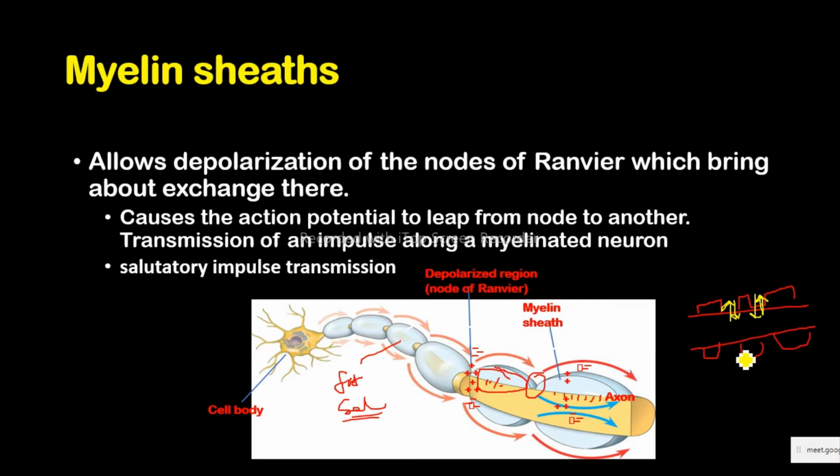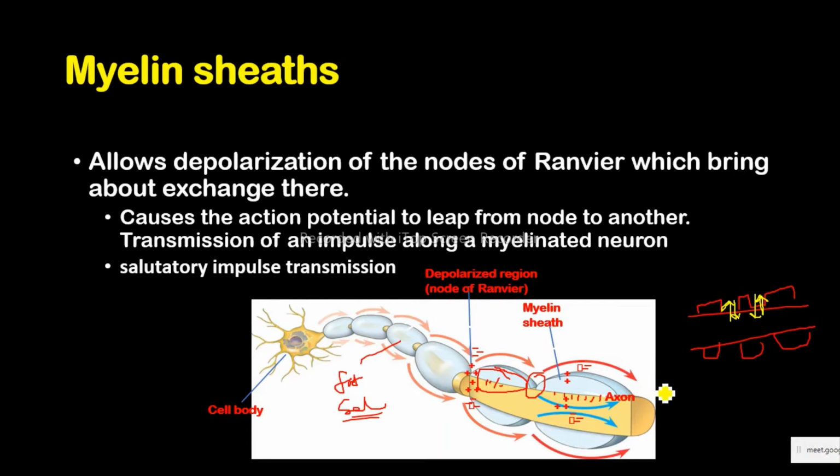No, it is highly advantageous that the action potential, or the wave of depolarization, occurs in the form of jumping, or you can say leaping. It leaps from one node of Ranvier to another node of Ranvier, to another node, and another.